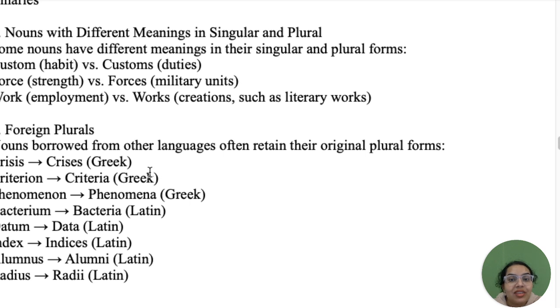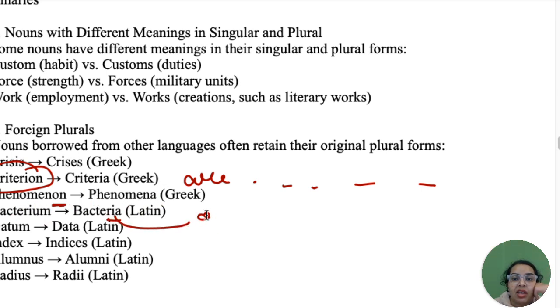Hey, it's not about that. It's about knowing what is right. So criteria are, criterion is. Phenomena, many people also say phenomenon, but basically it's the same pronunciation. Bacteria are growing rapidly. Bacteria are.